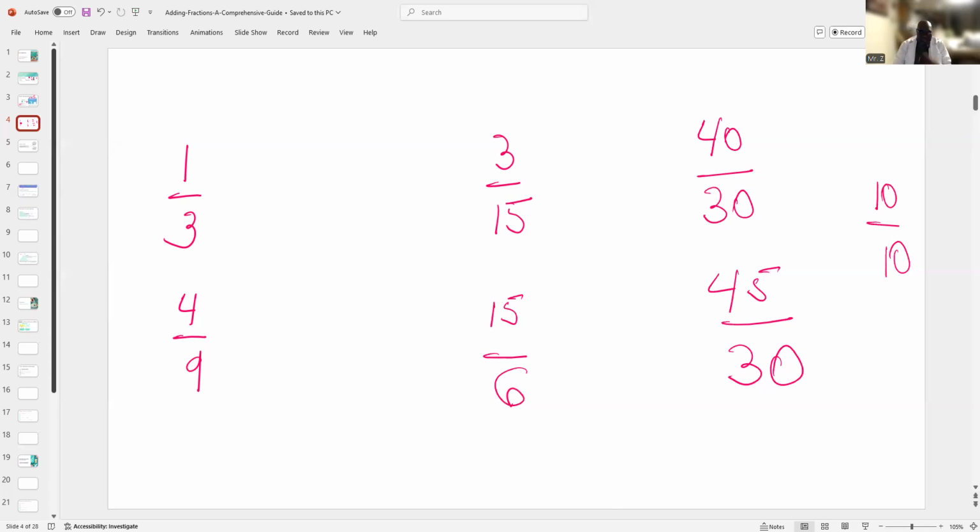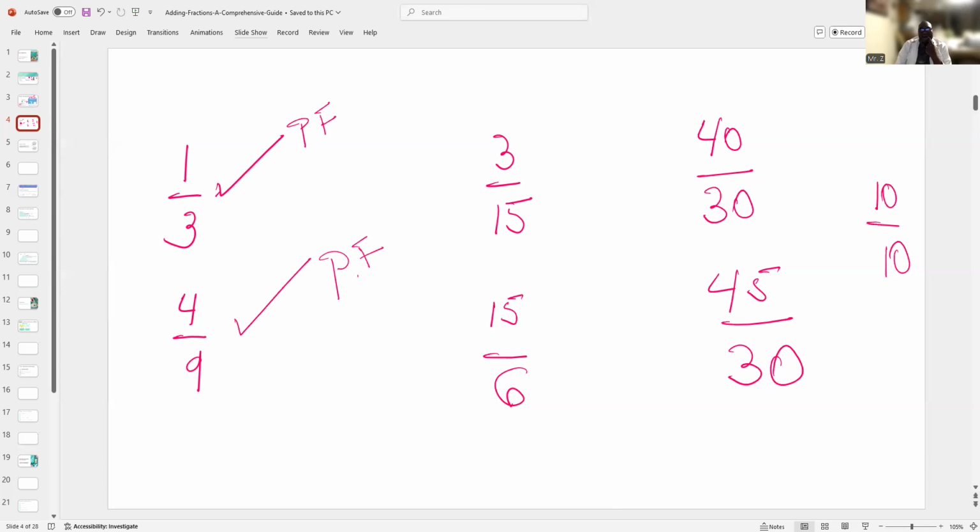1 over 3. What kind of fraction is that one? Good job. This one is a proper fraction. 4 over 9. What kind of fraction is this? Good job. This is a proper fraction. What kind of fraction is 3 over 15?